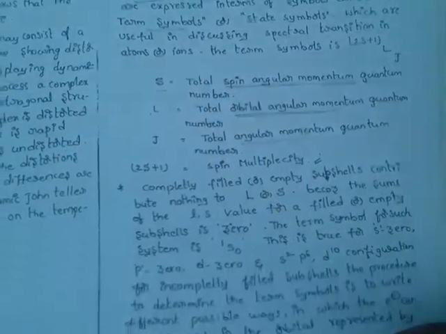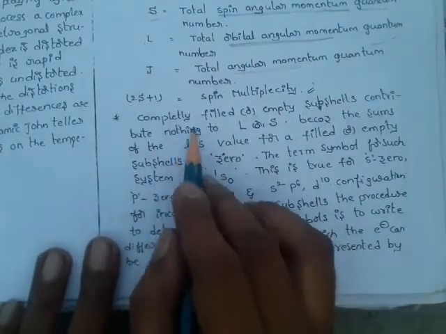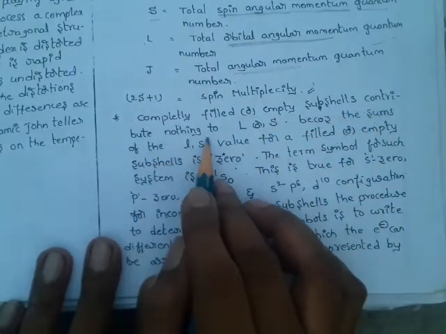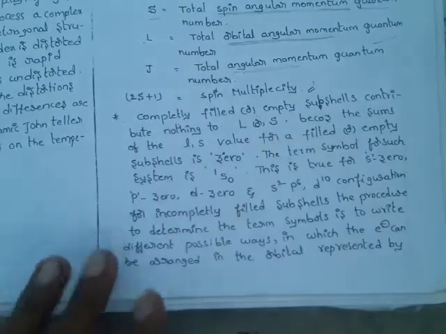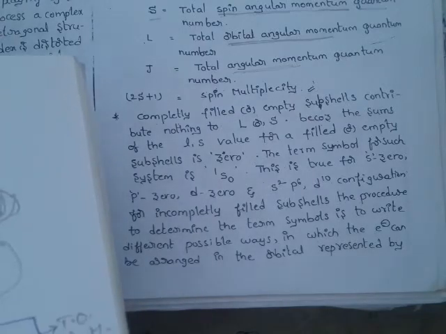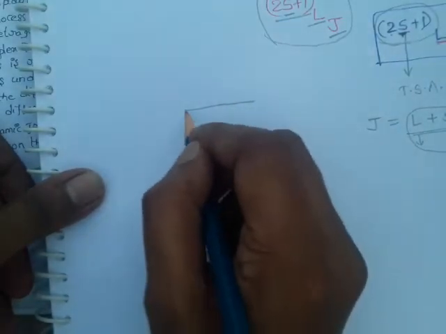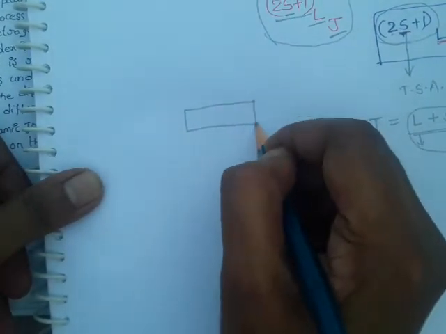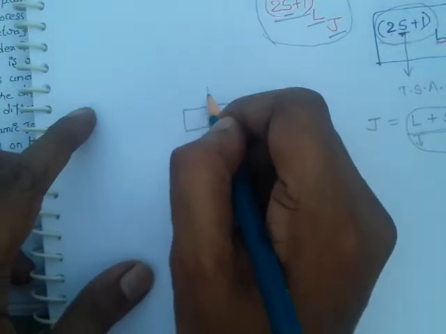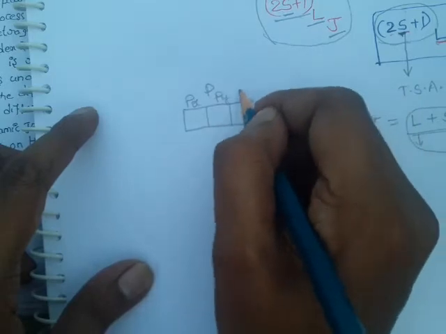Let us go to the next concept. Generally, completely filled or empty subshells contribute nothing to L or S. Try to understand; I will explain. Take the p subshell, which contains three p orbitals: px, py and pz.